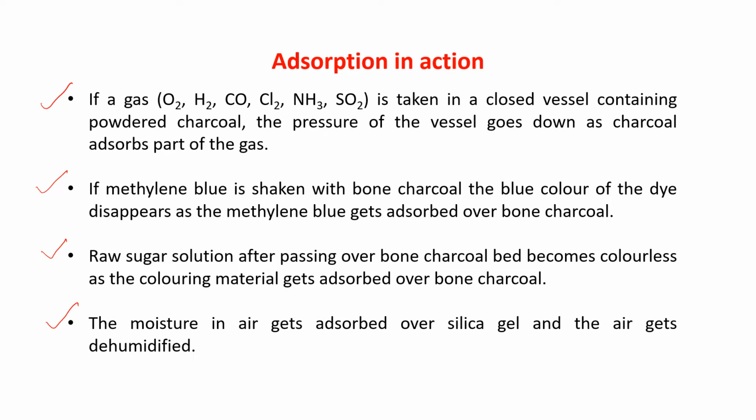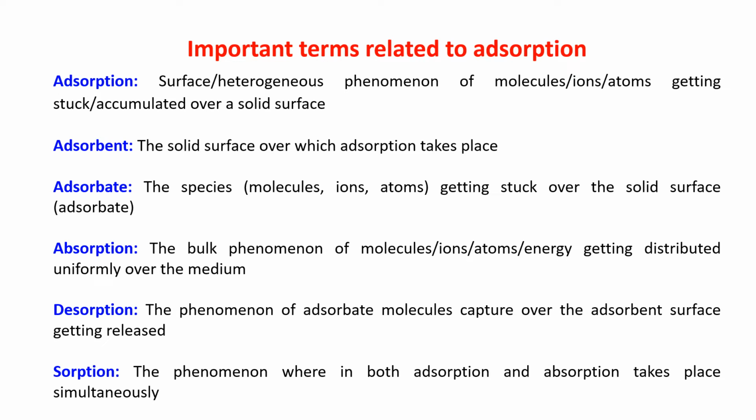Number 4, the moisture in air gets adsorbed over silica gel and the air gets dehumidified. Now, some important terms related to adsorption. The first one is adsorption. It is the heterogeneous phenomenon of molecules, ions or atoms getting stuck or accumulated over a solid surface.